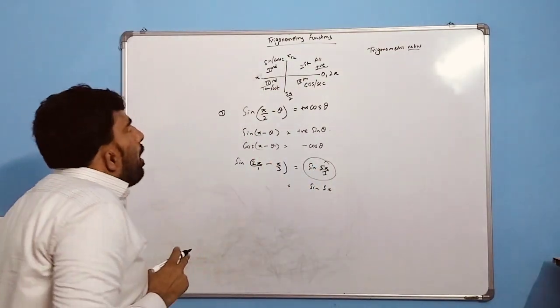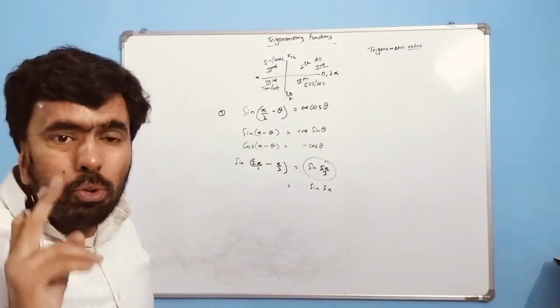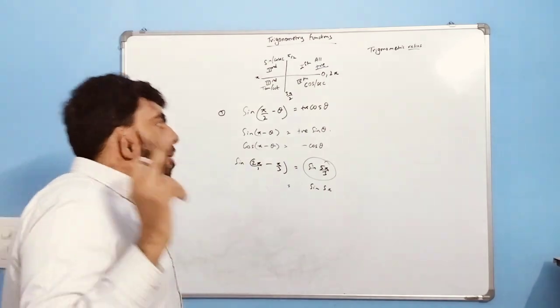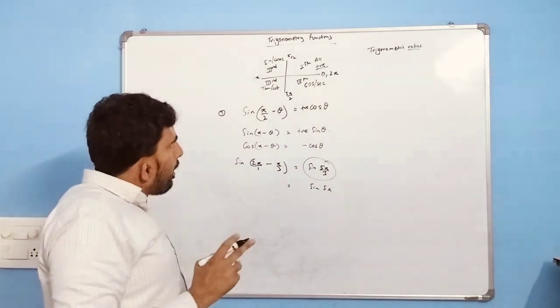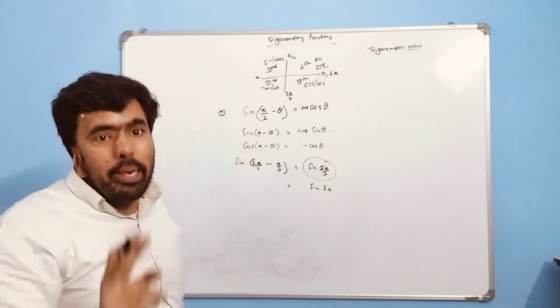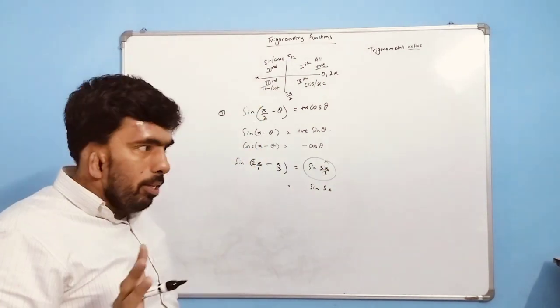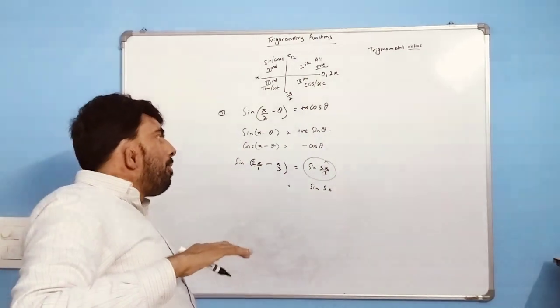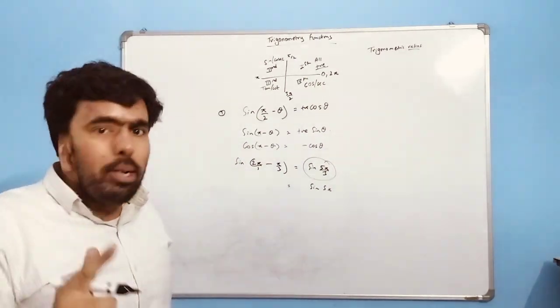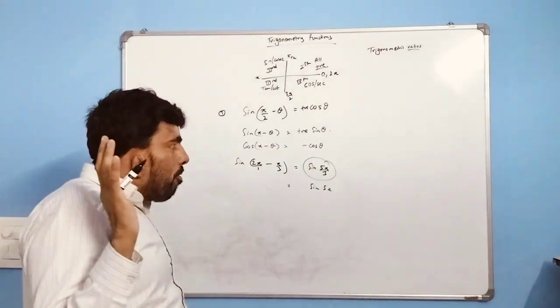One more thing: the pi I am taking here is 180 degrees, not 22 by 7. You have to take care of this. In other cases we take pi equal to 22 by 7, but here I will take pi equal to 180 degrees.